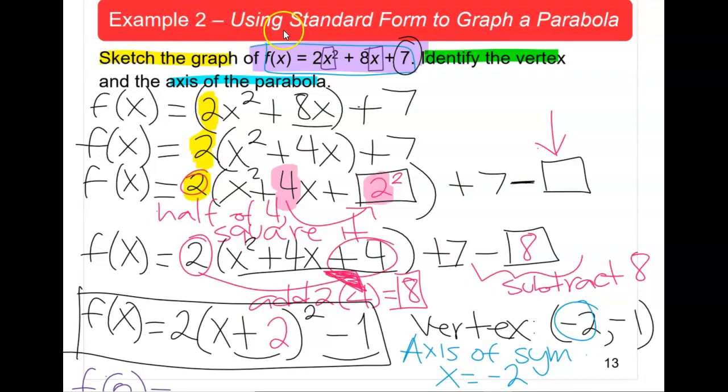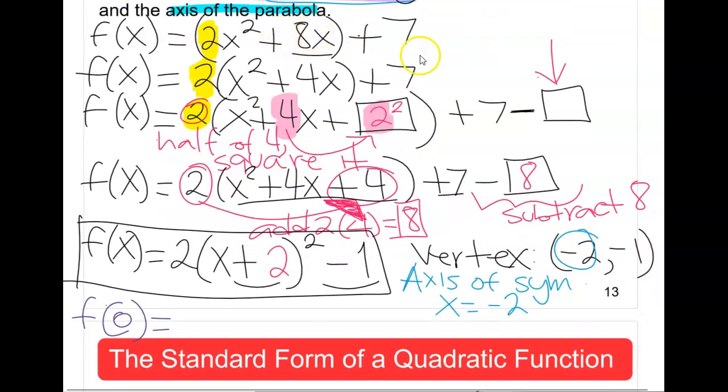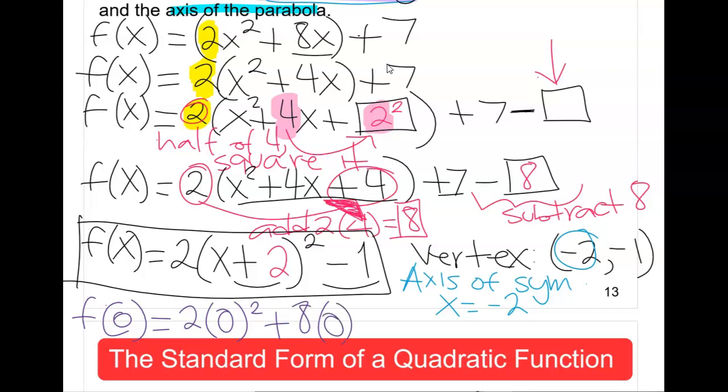Remember, for a y-intercept, the x will be 0. And so we have 2 parentheses 0 squared, and then I believe we had a plus 8 parentheses 0, and then a plus 7. So you could see here that 0 squared is 0, times 2 is 0, 8 times 0 is 0. So all we have left is a 7. So that tells me that the point that will be on the y-axis is going to be 0 for x, remember that is by default, and then 7 for the y.